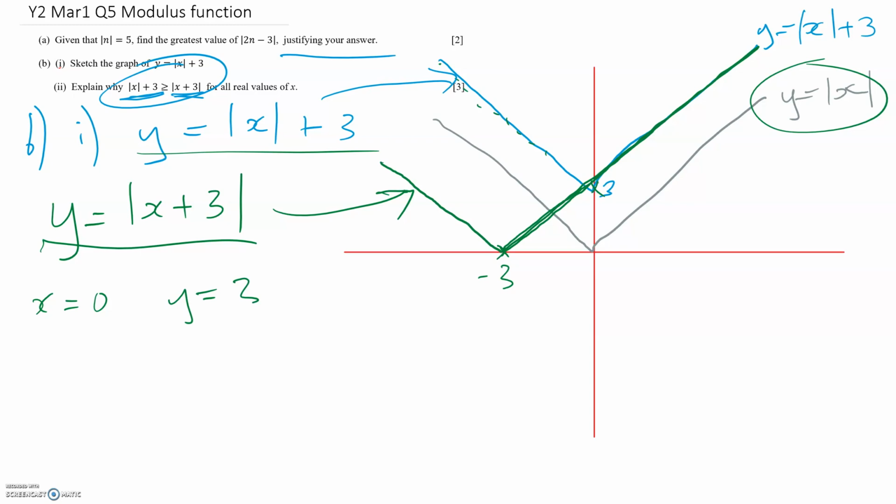So the question says, show that the blue graph is always greater than or equal to the green graph.